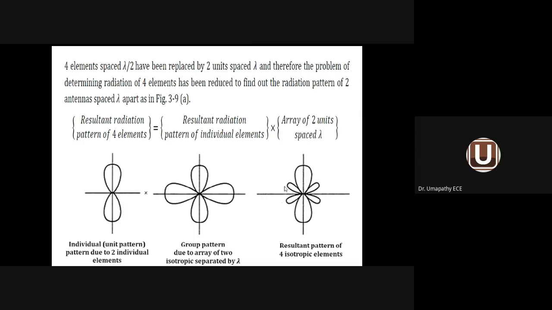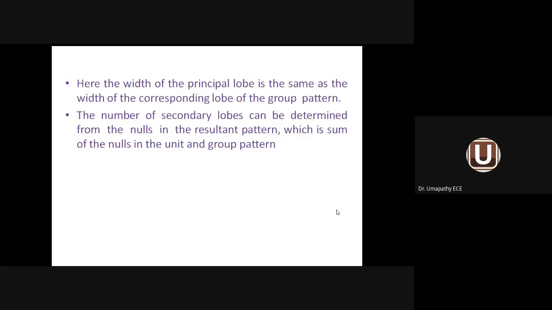When I multiply, I will get the overall radiation pattern of the 4 isotropic elements. We are calculating this radiation pattern without using the expression for ET. This method is called pattern multiplication.